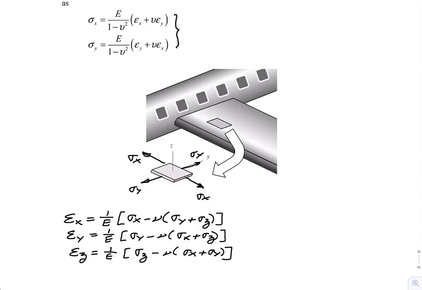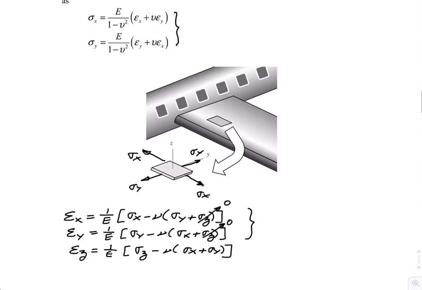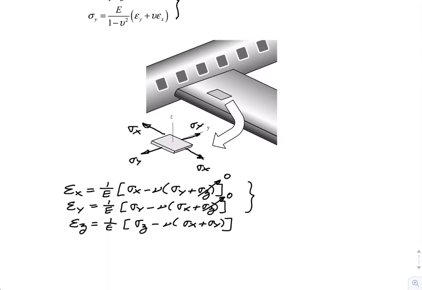The point being, though, for these first two, we're given that it's a state of plane stress. So therefore, if I take these first two equations, I can write these as sigma x minus nu times sigma y is equal to the Young's modulus E times the strain epsilon x.